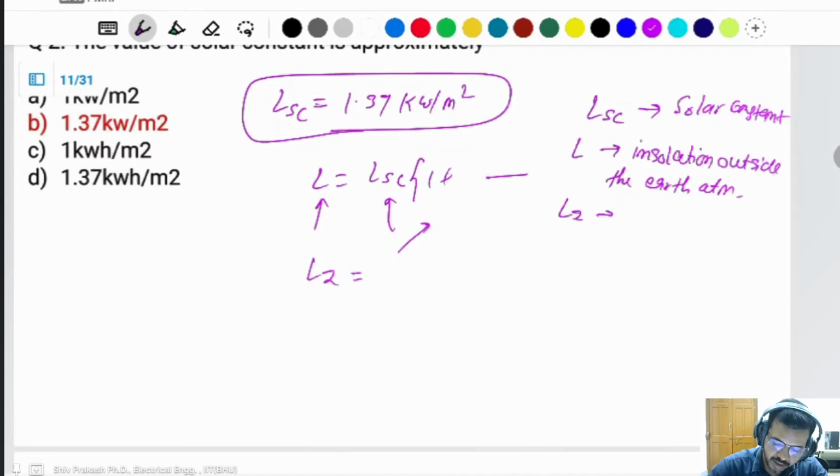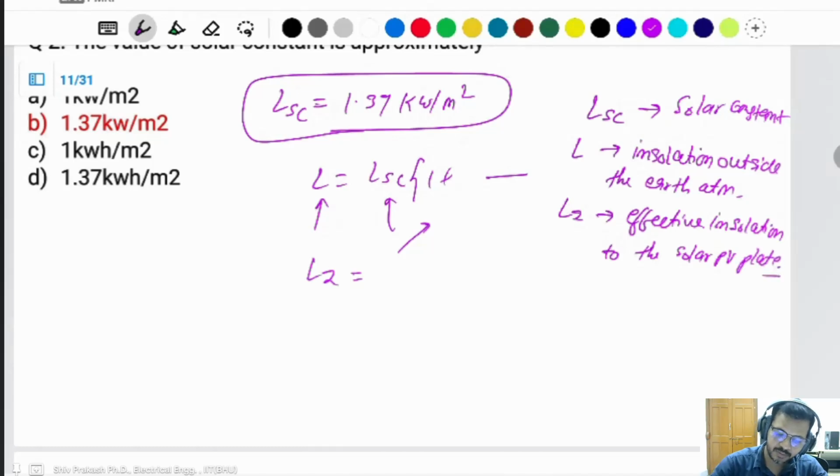LZ is, you can say, the effective insolation to the solar plate. This will be 1.37 kilowatt per meter square.